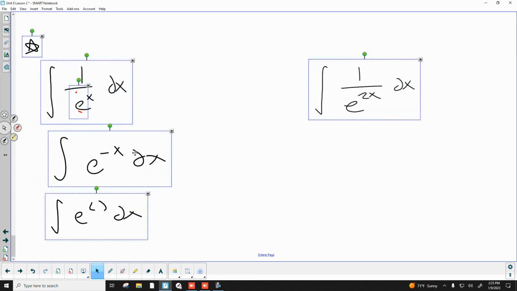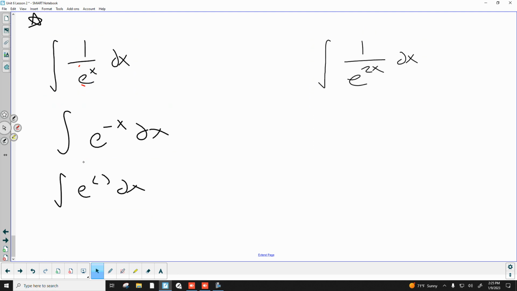See if you can all figure out this one now. Turns out negative e to the negative x.